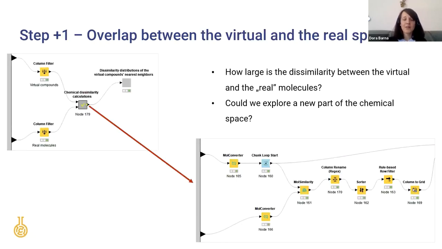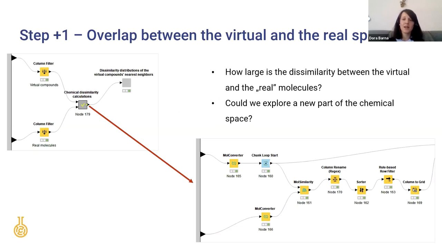And after that, what's left is some description and background about the overlap analysis, where we want to check how large is the structural distance and dissimilarity between the virtual and the real chemical space.